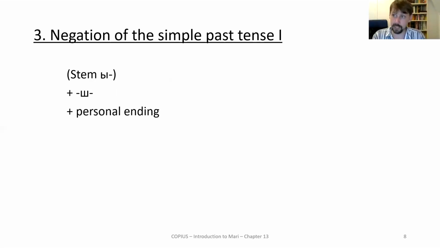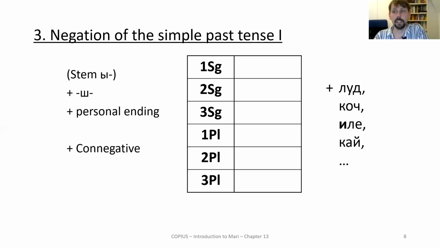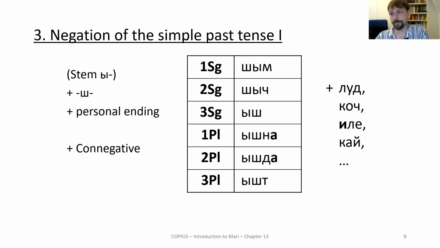The stem is in parentheses because in the first and second person singular, it is dropped in standard language. In dialect, you would find it with the stem there. And then it's followed by the conegative form. So here you'd have some conegative forms already. And yeah, shem, shich. So it is fairly regular.